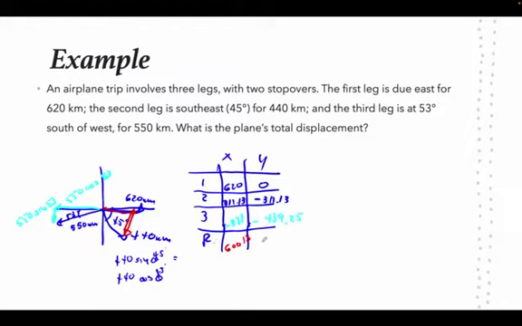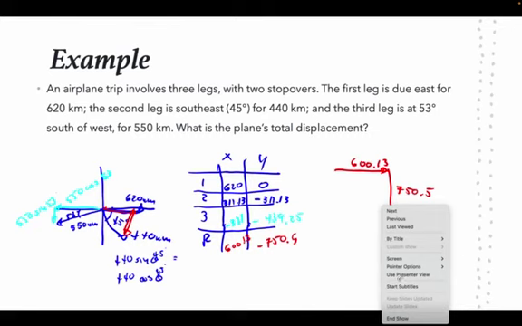That gives me minus 750.5. So my resultant vectors will look like this and like this. This is 600.13. This is 750.5.